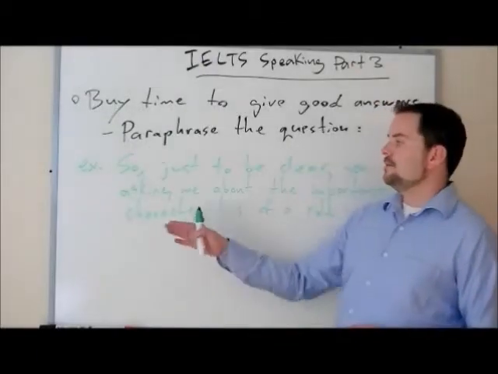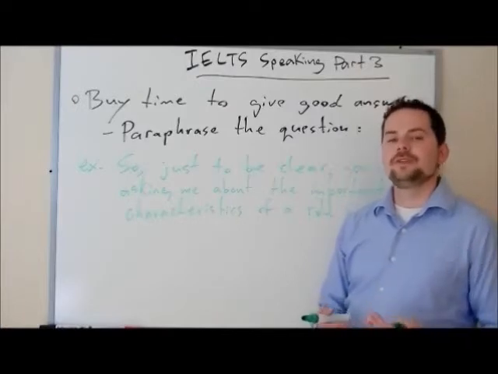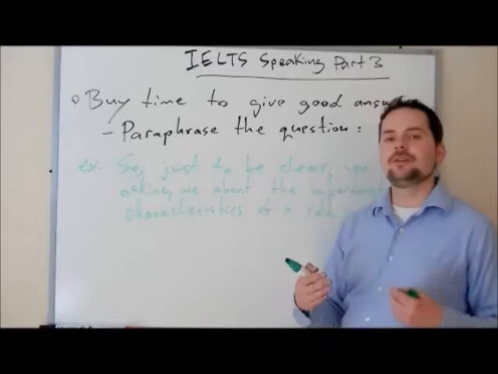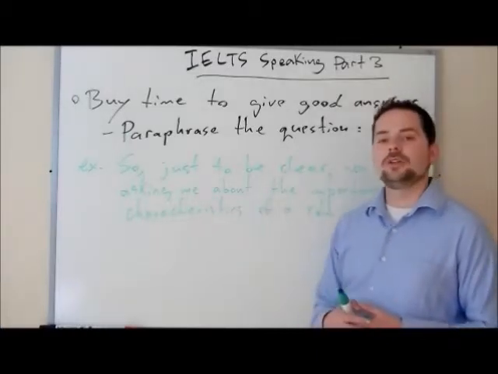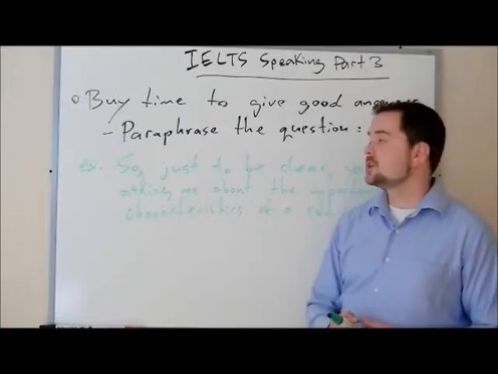Alright, so when you paraphrase like this, you're actually buying yourself about 10 or 15 seconds to think about a good answer, and it helps your brain to think. This is what politicians do, this is what lawyers do when somebody asks them a question.